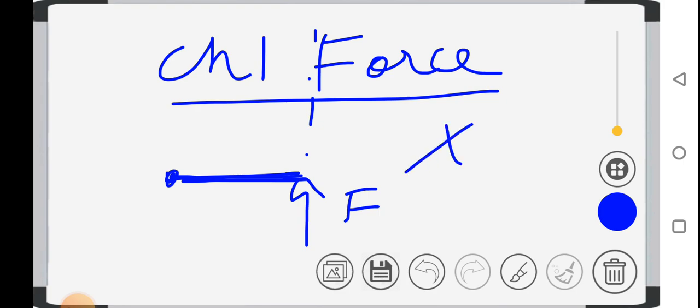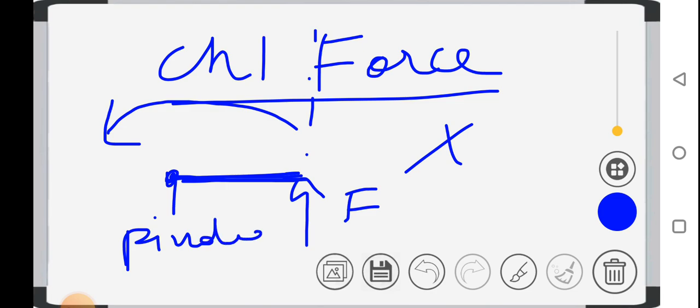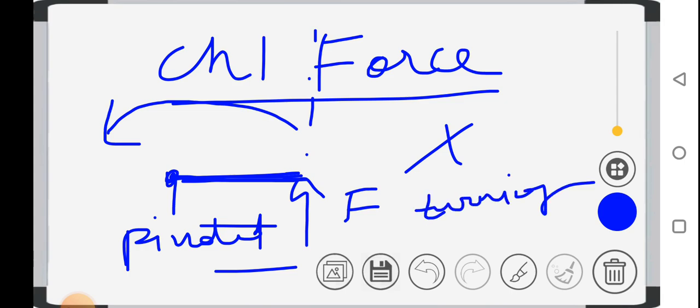No. What will happen? Instead of that, the rod is going to turn, because it is pivoted at this fixed point. This will create a turning effect, and this turning effect is known as moment of force.